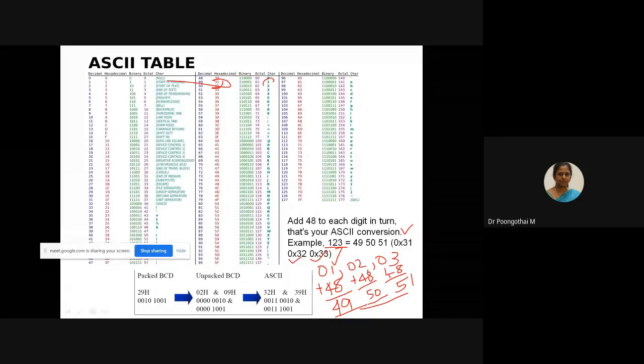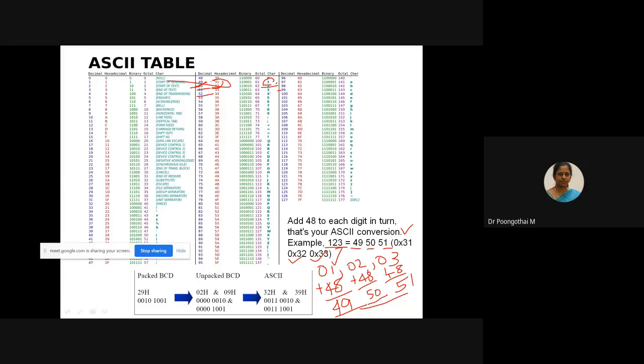Similarly, 49, 50 and 51. 49, please look at here, decimal, the value is 1. 50, the value is 2. 51, the value is 3.